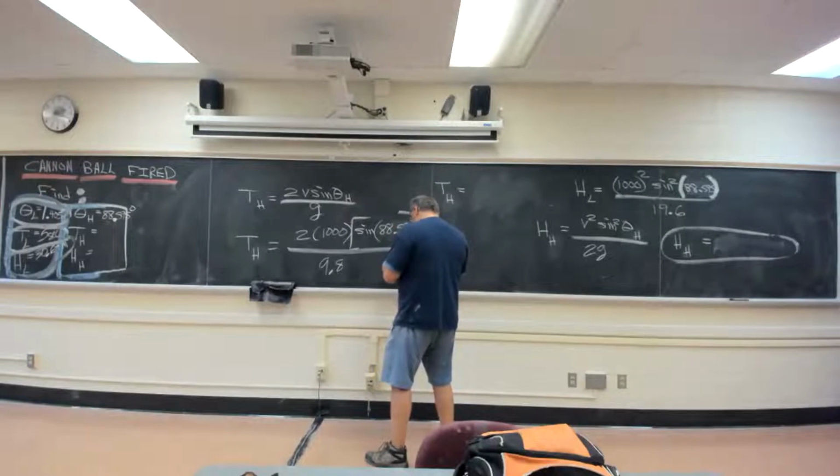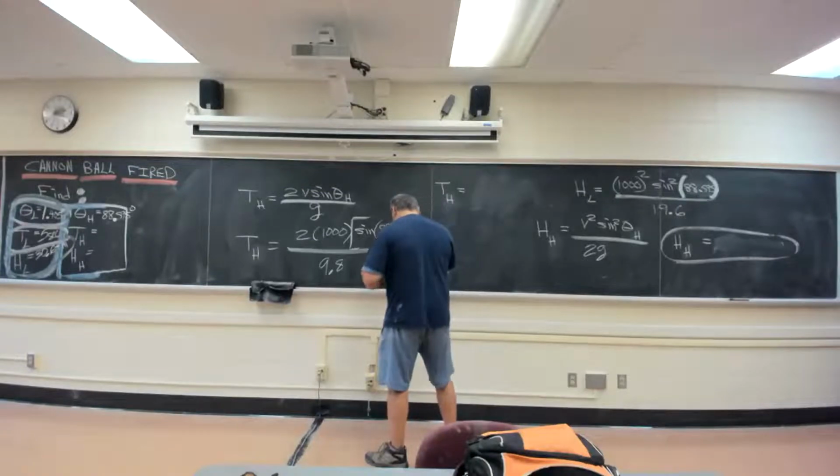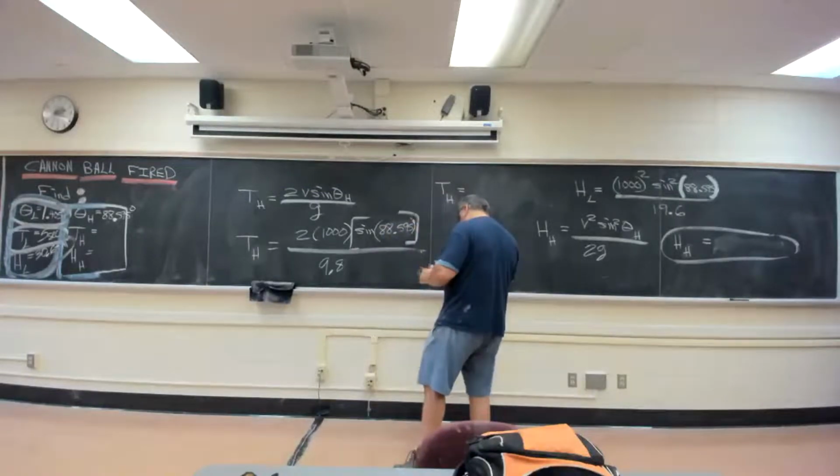Go carefully here. Sine of 88, and make sure you're responsible for knowing that your calculator is functional in this regard. Now I'm going to check it as well. Maybe you should have checked it earlier, but at some point before I'm giving a final answer, let's check this stuff.